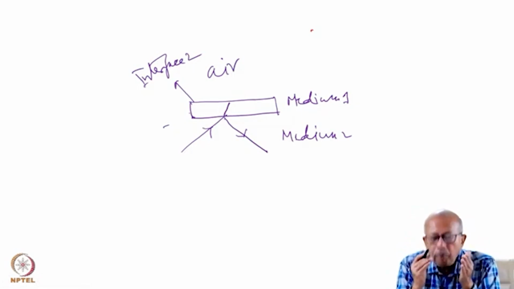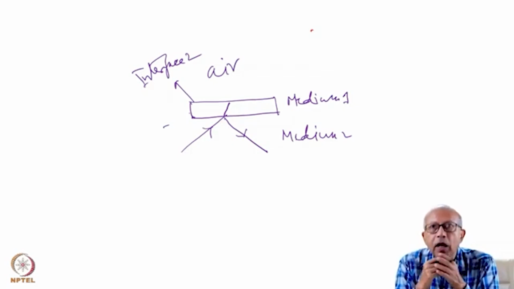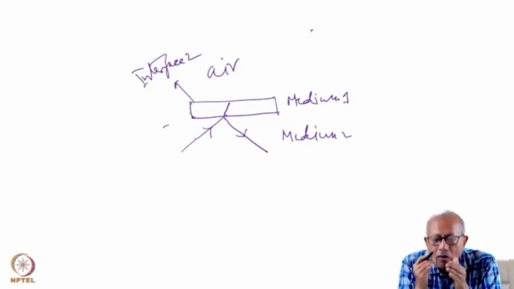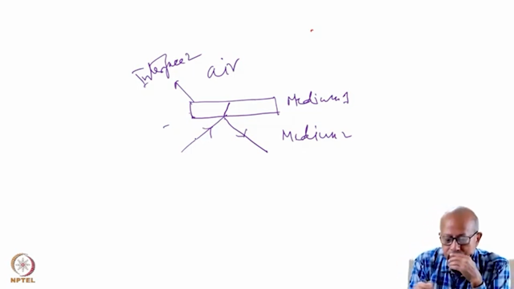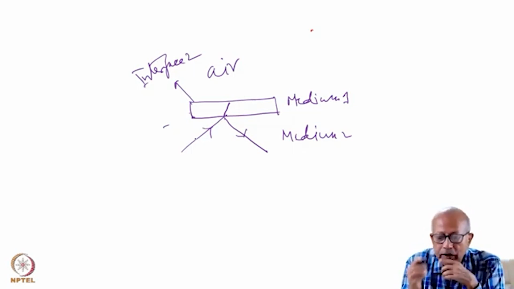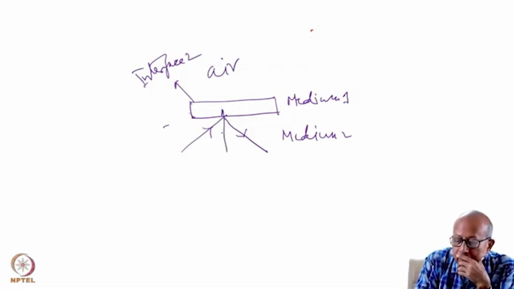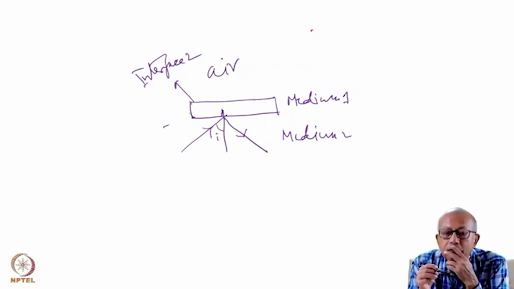Now, obviously, the question that can be asked here is, what fraction of this incident light is reflected, and how does this fraction depend on the refractive index of the two media and the angle of incidence?